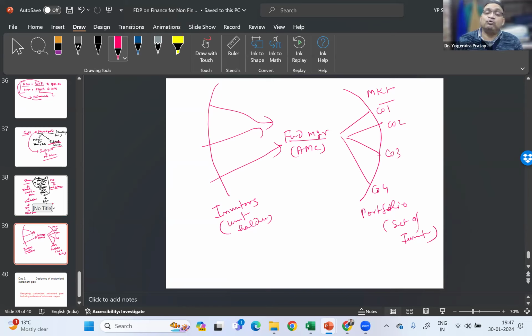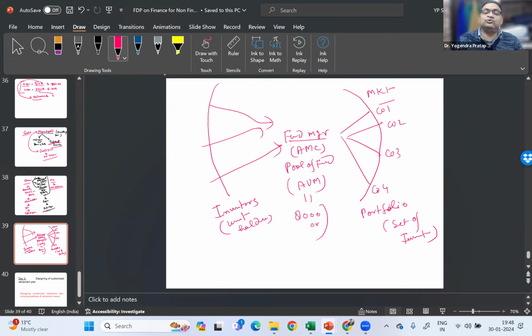Then he has a pool of funds, and this pool of funds is known as asset under management. If you see the mutual fund data, you will find, for example, Reliance Mutual Fund has 8,000 crore rupees for one scheme, and it is a big amount.